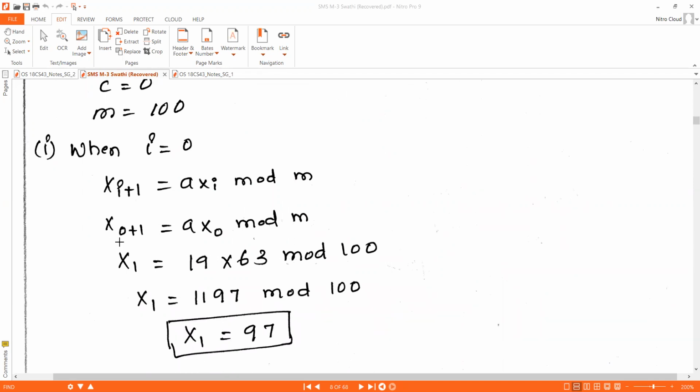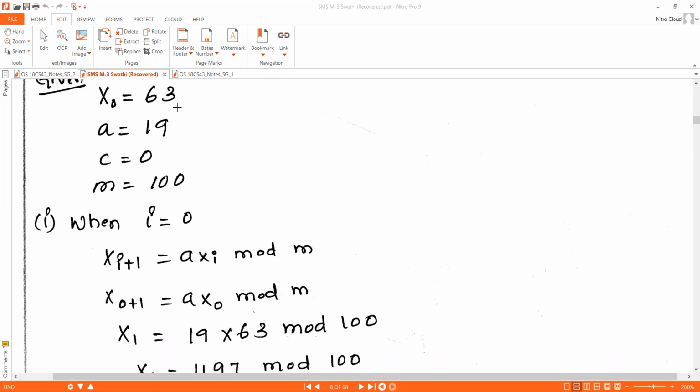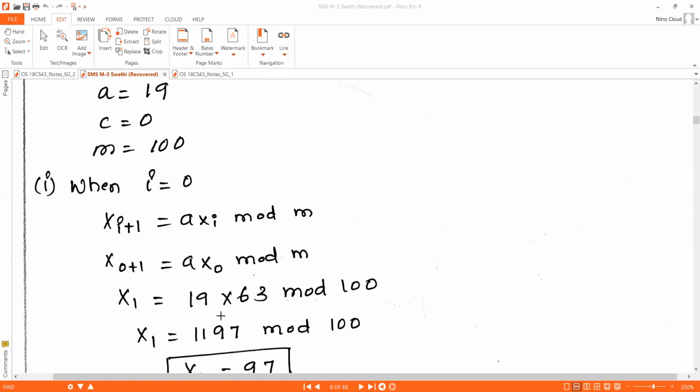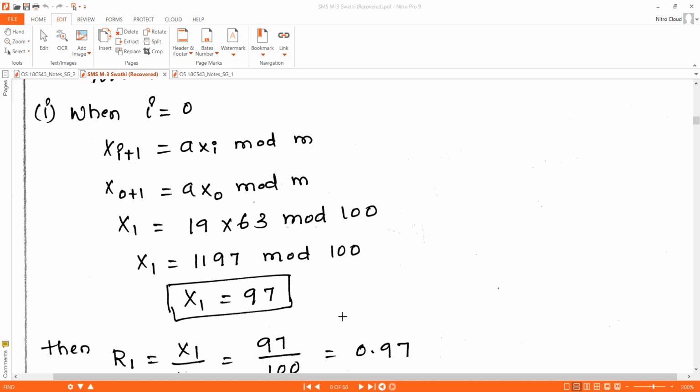So x1 equals 19 into 63 mod 100, where the x naught value is 63 and the m value is 100. 19 into 63 is 1197, and 1197 mod 100 is 97. So x1 equals 97.